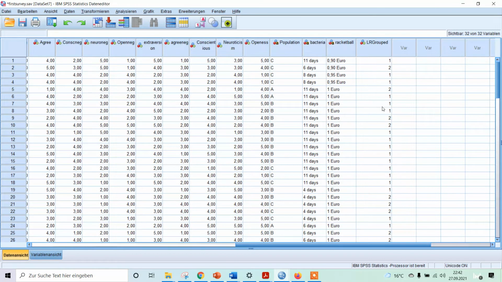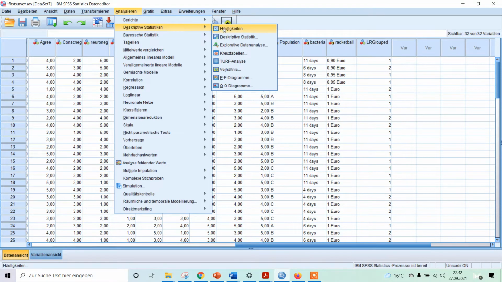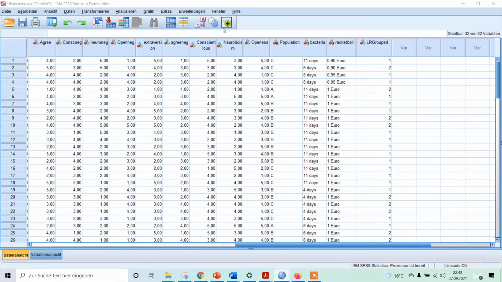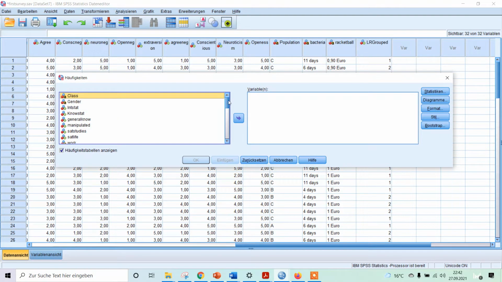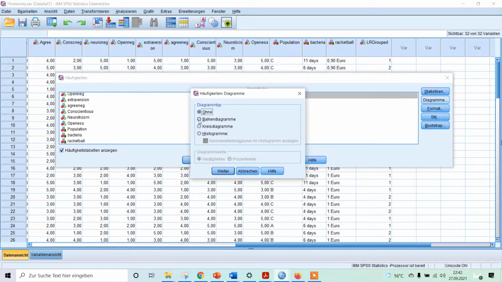So let's first have a look. Let's create a frequency table so that we see how many left, right, and center students we have in this group. We click on Analyze, Descriptive Statistics, Frequencies, and here we can take our new variable of grouped data, and let's also create a bar chart with the percentages.